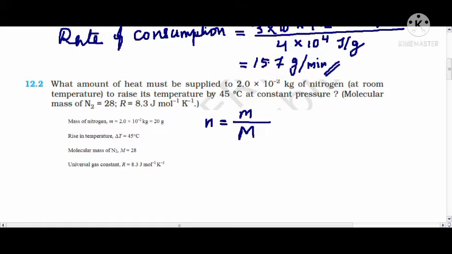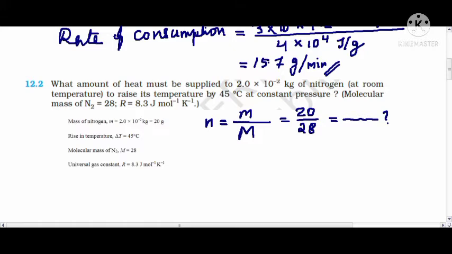Molar mass is given 28 gram, and mass is given 2 into 10 power minus 2 kilogram, that is 2 into 10 power minus 2 into 10 power 3 gram. So you will get the answer 20. So mass will be 20 and molar mass is given 28 gram, so that the number of moles can be calculated.